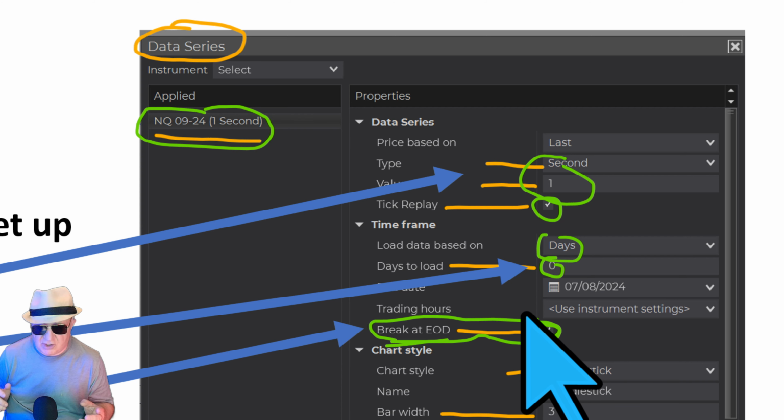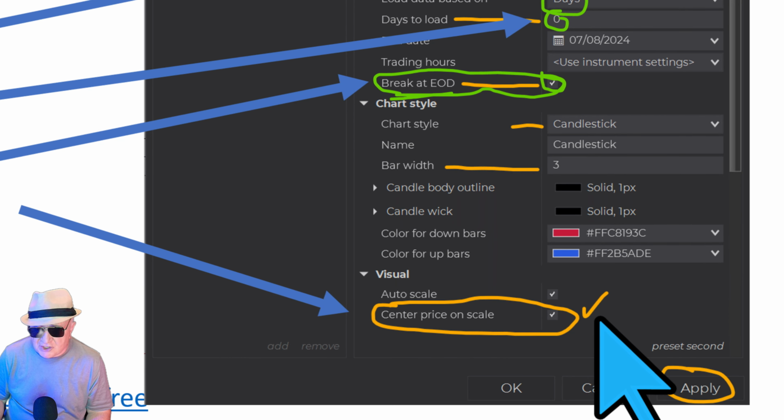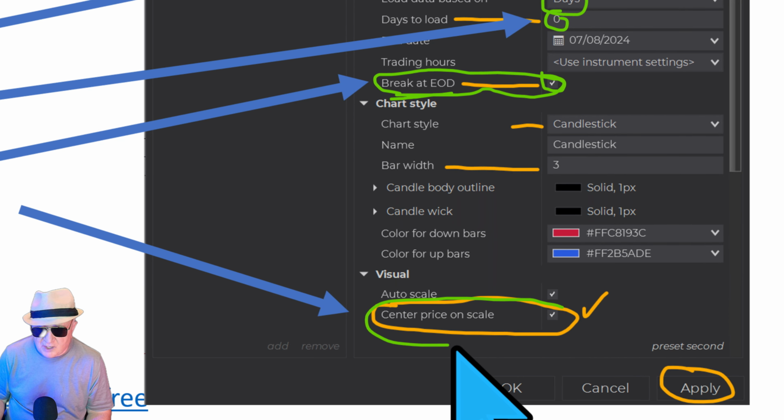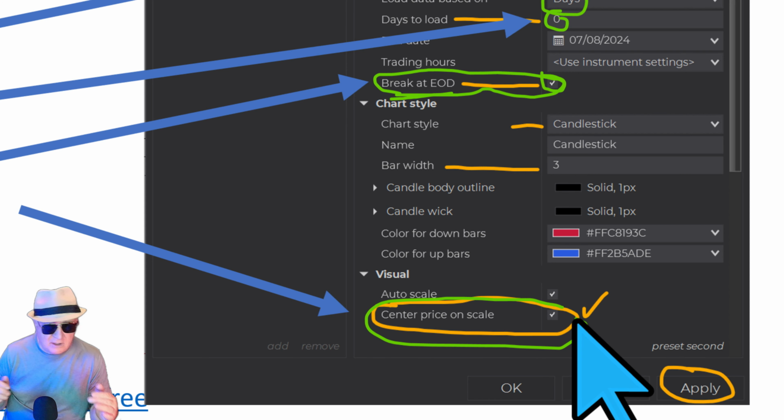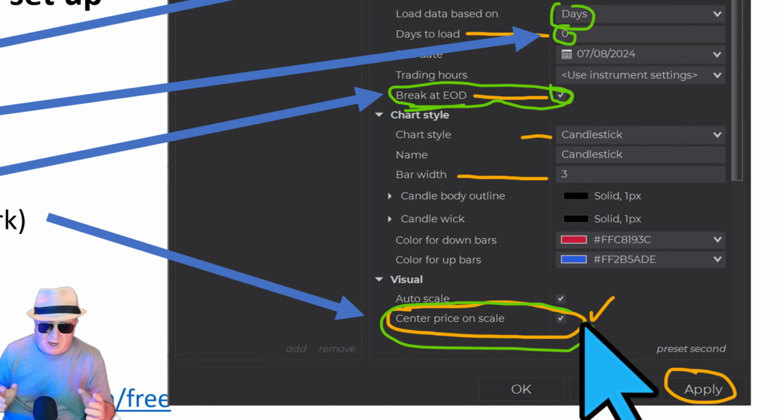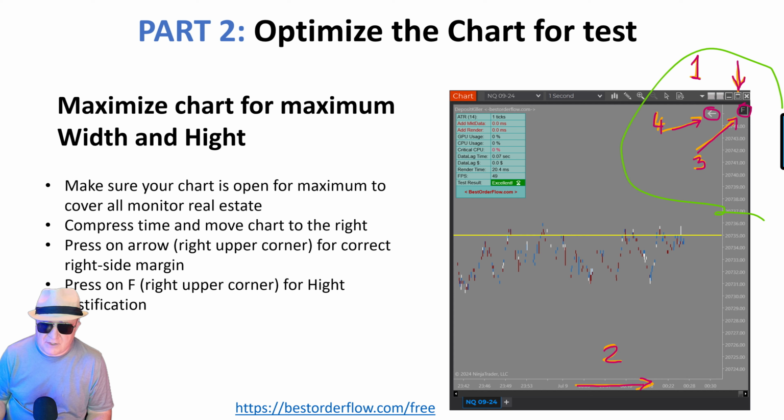When you have two different charts running while you're trading, and one of them has break at EOD marked and another is not marked, you may produce some errors, because break at EOD must be aligned the same way on every single chart that is currently running on your NinjaTrader platform. And of course, I'm going to check the center price on scale. And remember, when you move your charts during the test, this option will come off, the check mark will come off.